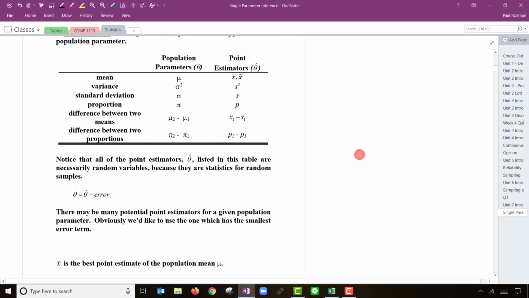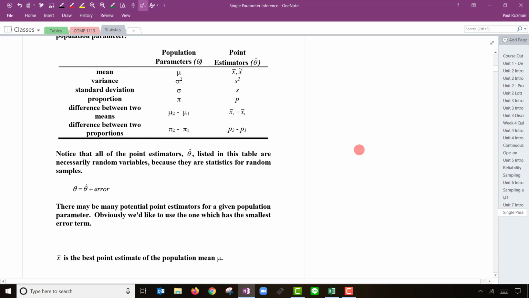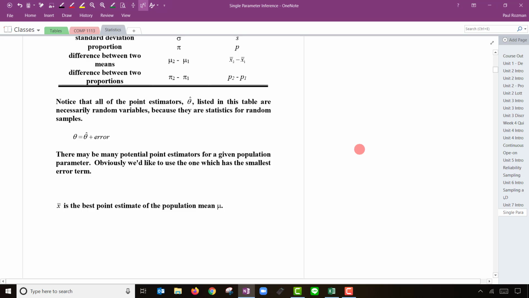So we want to use an estimate that, we want to come up with the best estimate. So for us, in the first section here, we'll be estimating the population mean mu with X bar.